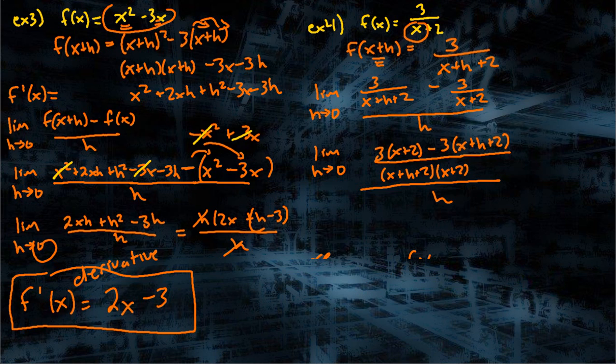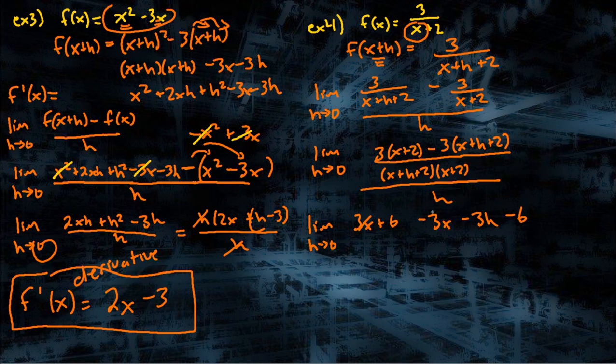There's my common denominator, all over h. I'm going to go ahead and remove all of this stuff right here. Let's get rid of that, and this. Okay, and now I'm going to simplify that numerator a little bit. So I get 3x plus 6 minus 3x minus 3h minus 6.